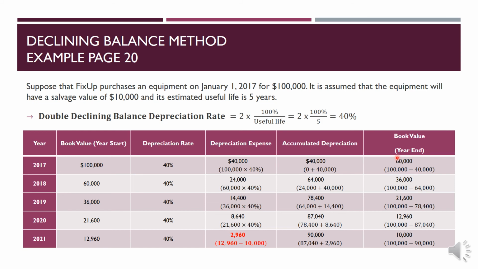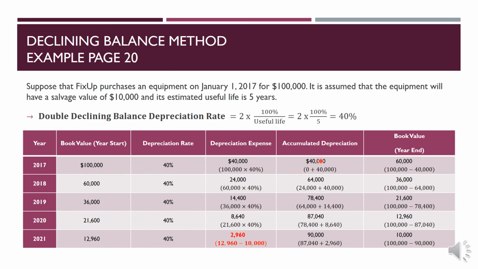At year end 2017, the book value is $60,000. This amount we will carry as the book value at year start, because the end of 2017 is always the beginning of 2018. So now we have the depreciation rate, which is 40%. To calculate the depreciation expense, we have 60,000 times the 40%, so we have 24.